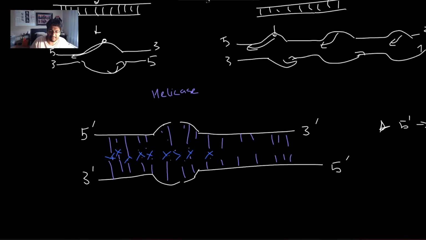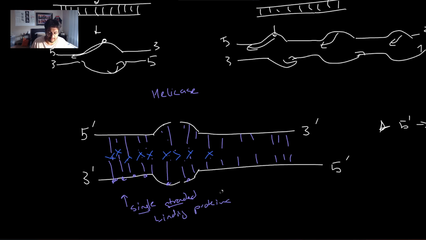Now, if helicase is not there after the bonds have been broken, the complementary strands could just link up again. To prevent that from happening, we have other proteins on the backbone, single-stranded binding proteins.